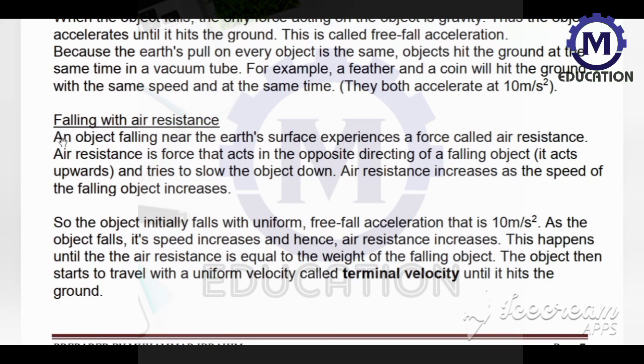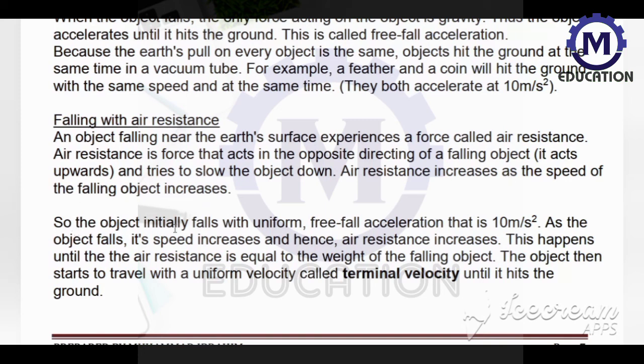Falling with air resistance. An object falling near the surface of Earth experiences a force called air resistance. Air resistance is the force that acts in the opposite direction of the falling object, that acts upward and tries to slow down the object. Air resistance increases as the speed of the falling object increases.